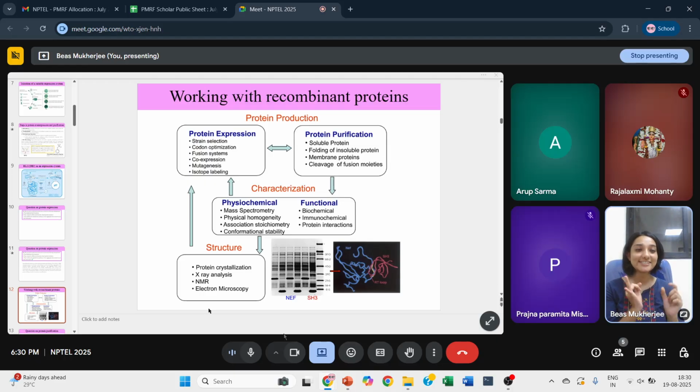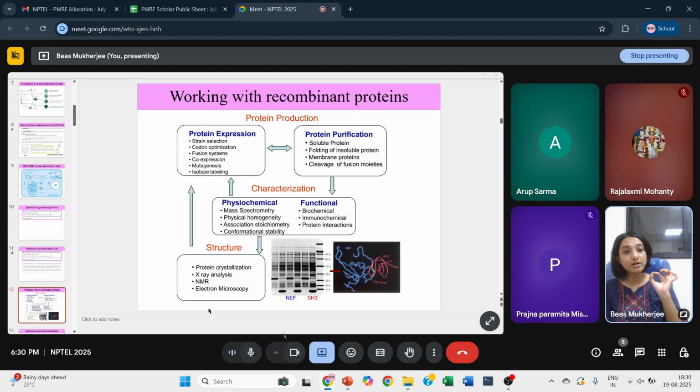So codon optimization means that, let's say, you know that one particular amino acid can be coded by, let's say, 2-3 codons. Okay, so they are degenerate. Now in that particular strain of bacteria, let's say that there are 5 tRNAs available for one codon and 2 tRNAs available for the next codon and only 1 tRNA available for the third codon.